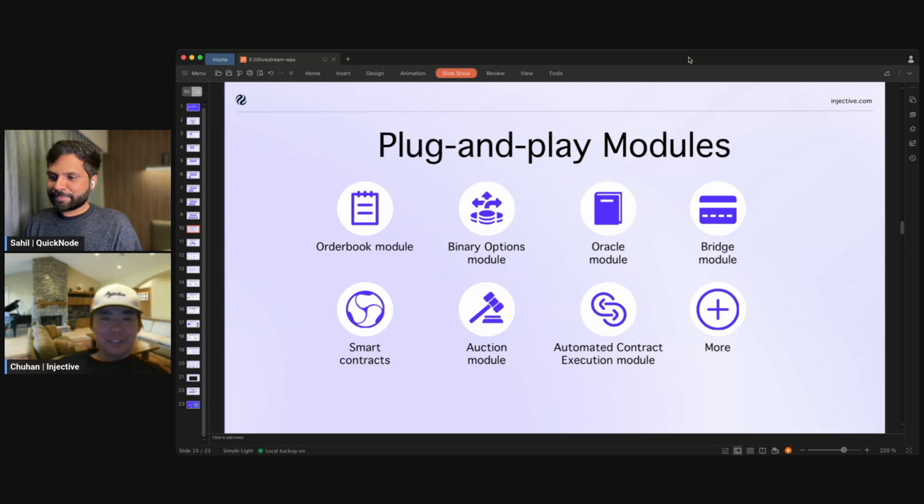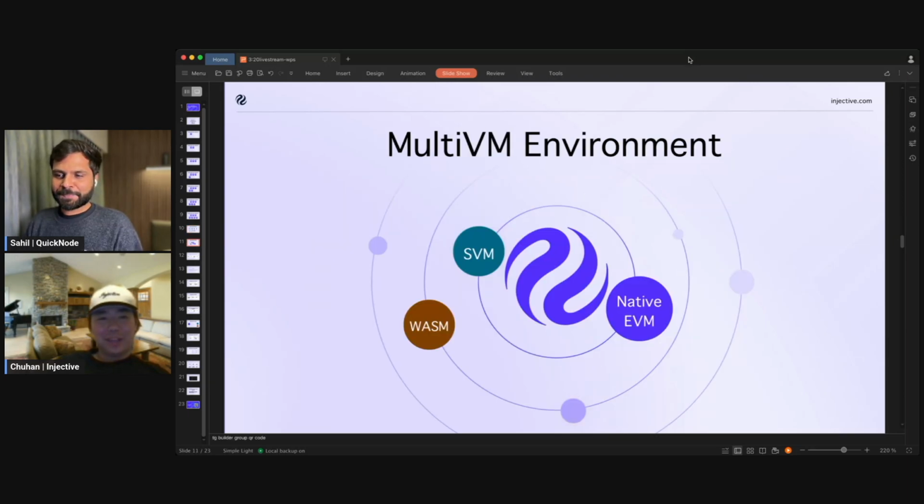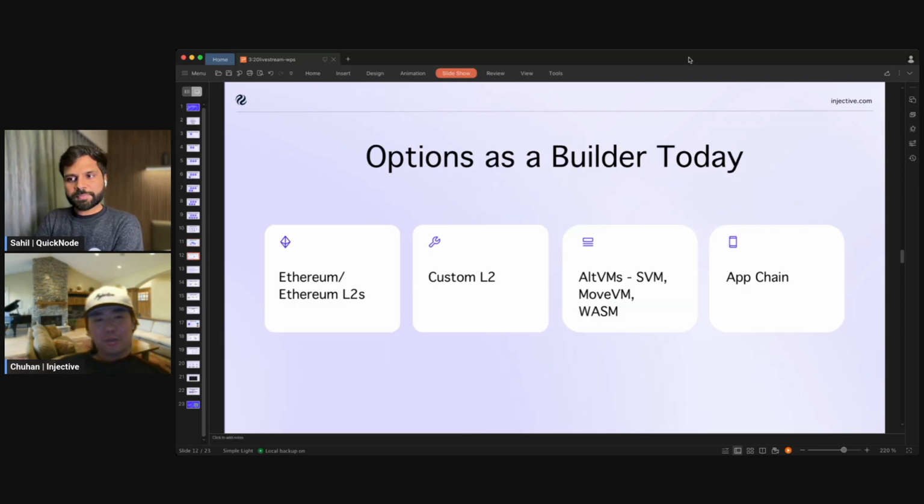In the next part, I want to explain to everyone why we need a multi-VM environment: native EVM, and we want to have SVM and WASM support in Injective. Why is it so important? As a developer relations person, I have contact with many builders.